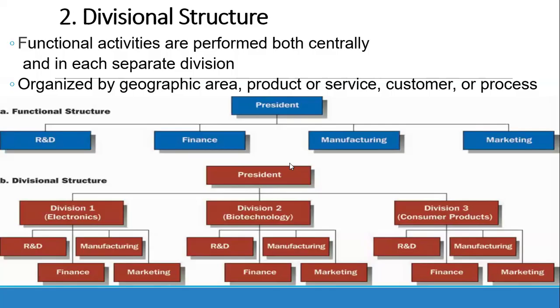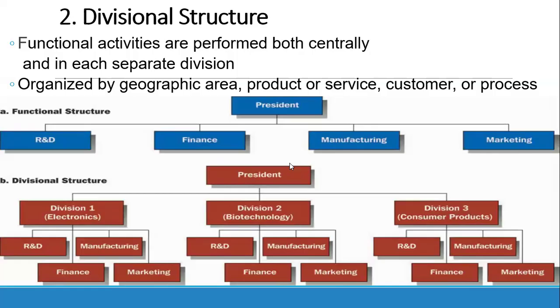And beside that, it can be costly to maintain, because look at this. You have critical functional areas scattered across each division. So we have research and development in Division 1, research and development in Division 2, and that's in Division 3. You have manufacturing, marketing, and finance across each of the divisions.